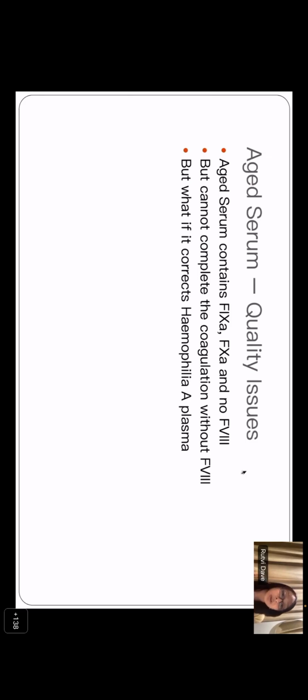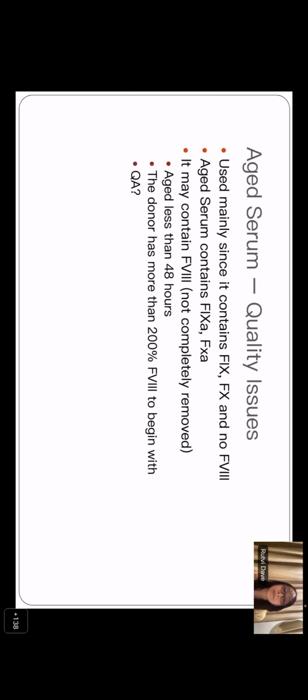Now, what do I mean by not a good quality 8 serum? It could be that you have aged it for less than 48 hours. You did not allow it to age for 48 hours, and as a result, all the factor 8 is not removed. It still has residual factor 8. In that case, if you use that 8 serum to perform a mixing study, it will give a correction even for hemophilia A plasma.